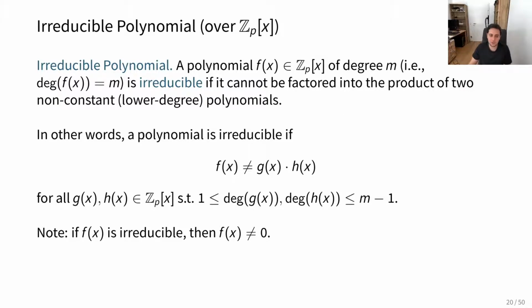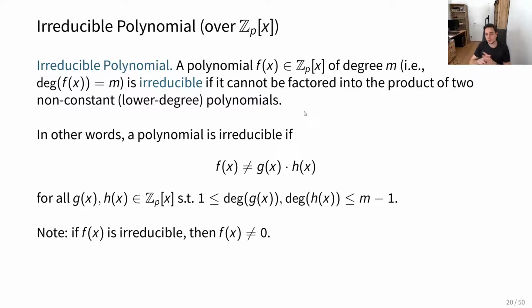In other words, a polynomial f of x is irreducible if it doesn't equal g of x times h of x for any g and h which have a degree larger than or equal to 1 and smaller than m, if the degree of f of x is m.